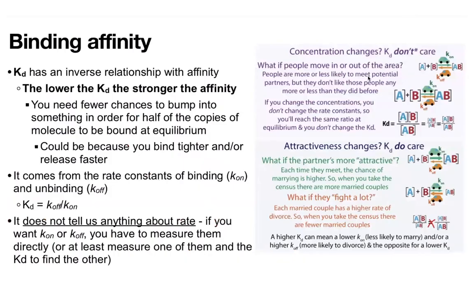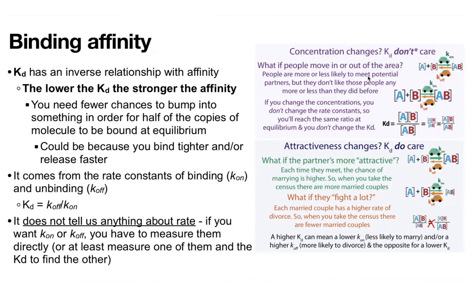And remember that the KD also comes from our rate constants: the rate constants of binding, which we call our K on, and the rate constants of unbinding, our K off. So remember, KD equals K off over K on. The KD itself does not tell us about the kinetics, so whether it has a higher off rate or a lower on rate, or a higher on rate or a lower off rate.